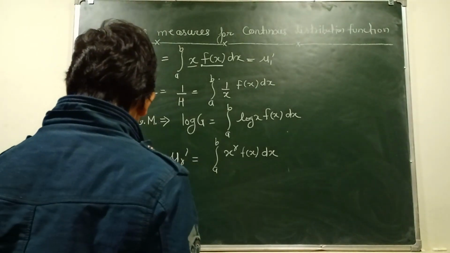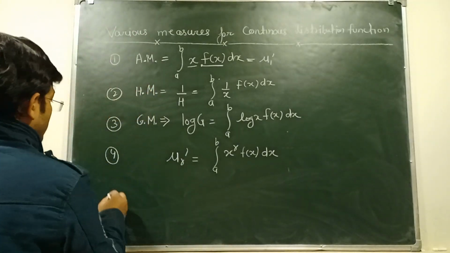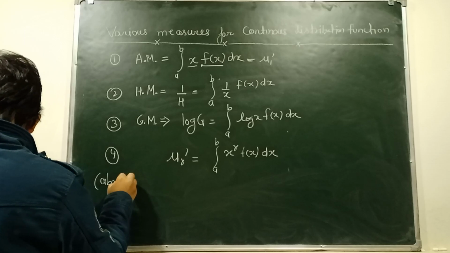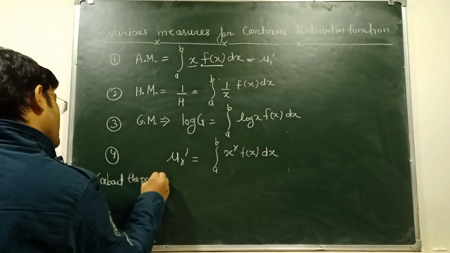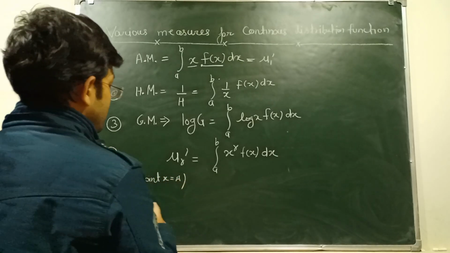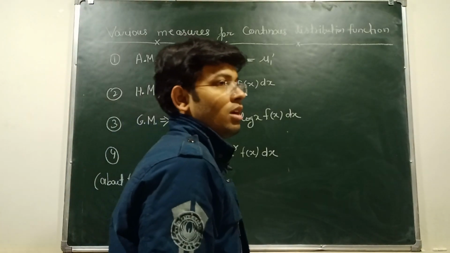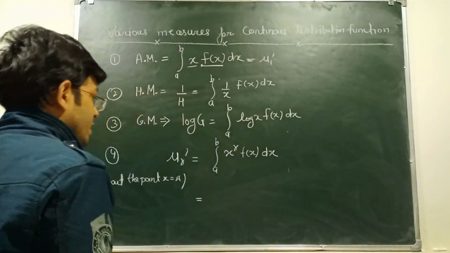So this is the formula of our moment. Now the second formula is about the point A, about the point x equal to A. This point will be mentioned in the question.